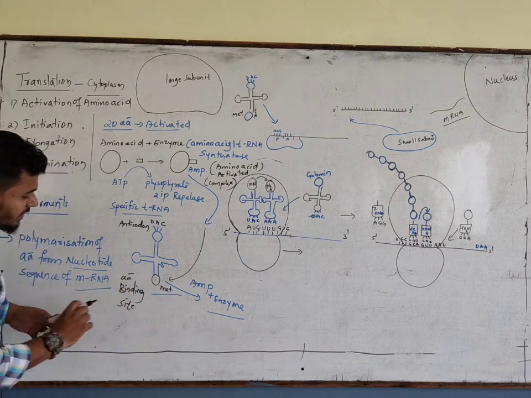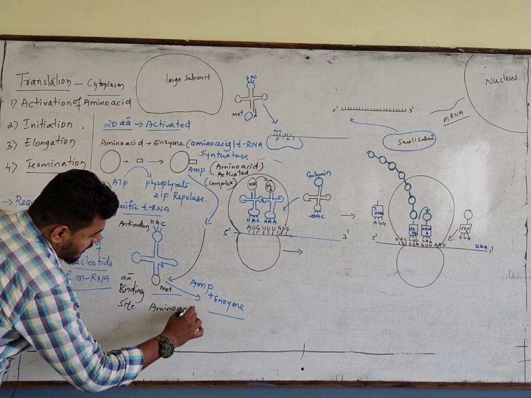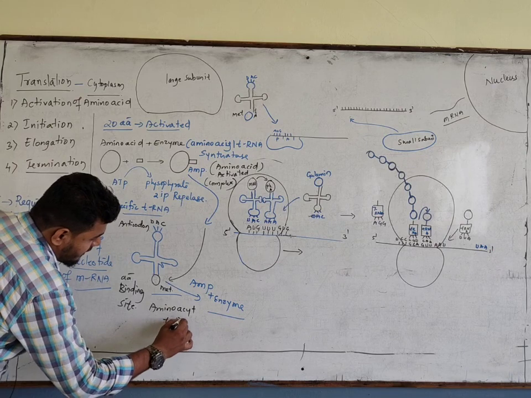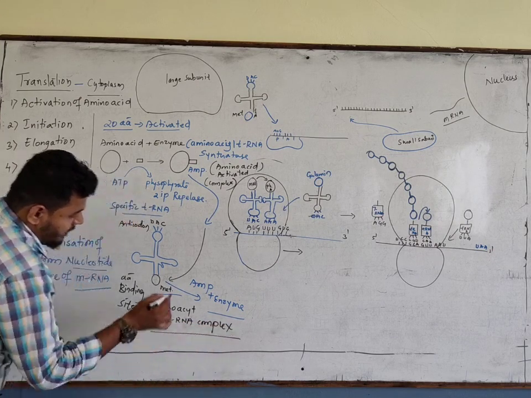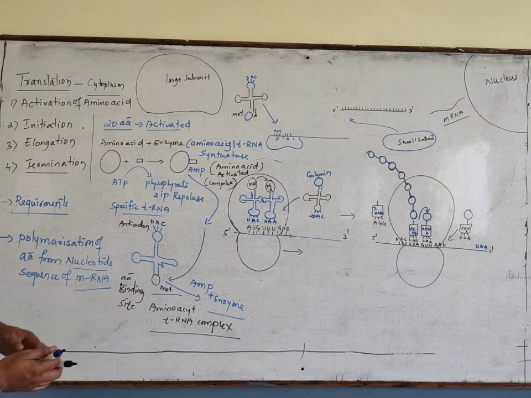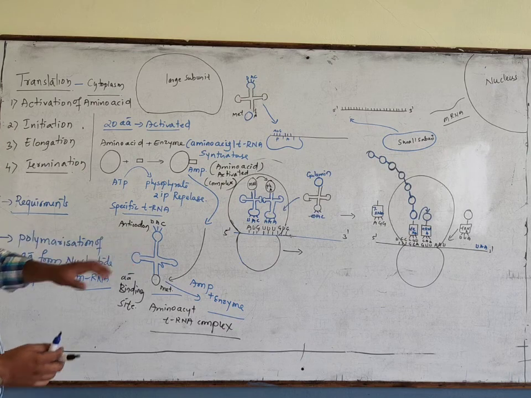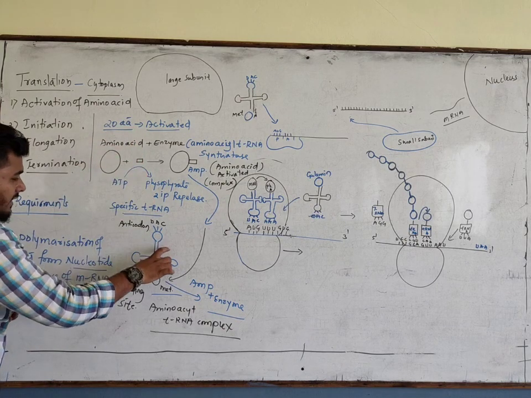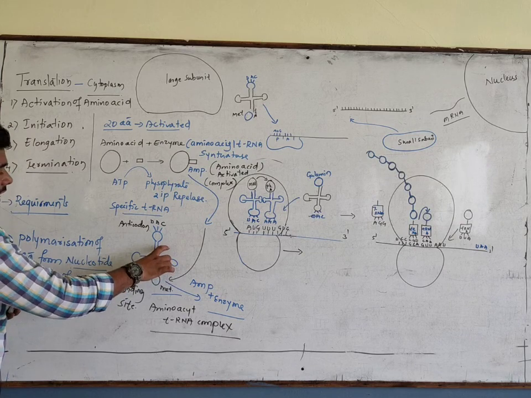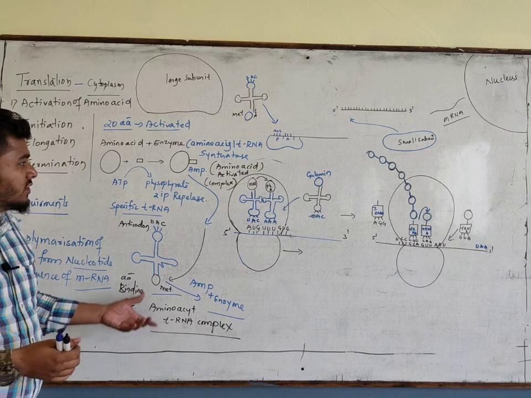Now this is called amino acyl tRNA complex. So this tRNA is charged. Like that, all the 20 amino acids get charged, and all the tRNAs also get charged.